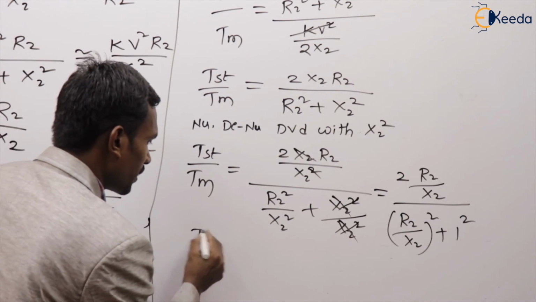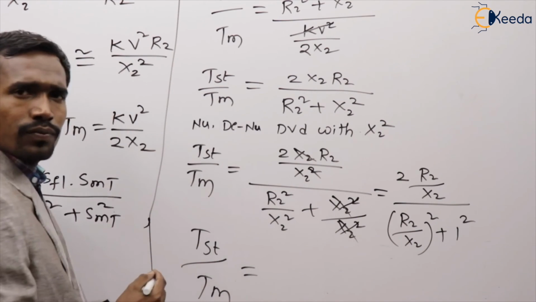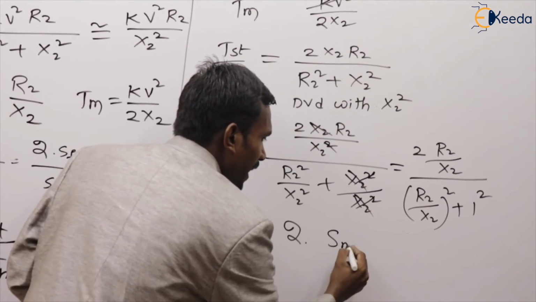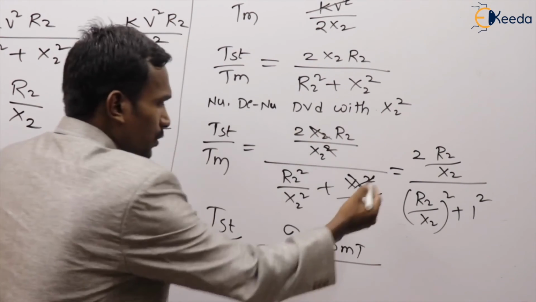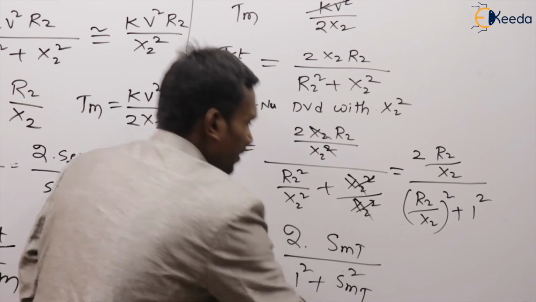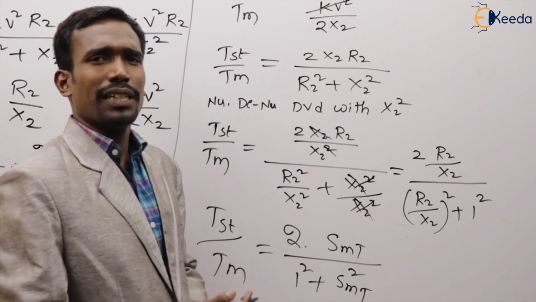Now tell me the final answer. The starting torque to the maximum torque is equal to 2 into R2 by X2, which can be written as SMT, divided by 1 square plus SMT square. 1 square is nothing but 1, so 1 plus SMT square.